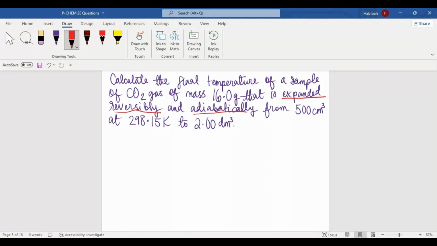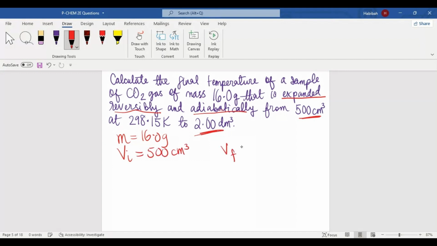But before we discuss the formula, let us write all of the parameters that we're given. We're given the mass to be 16.0 grams. We're given the initial volume, from 500 centimeter cube to 2.00 decimeter cube. So the initial volume is 500 centimeter cube.